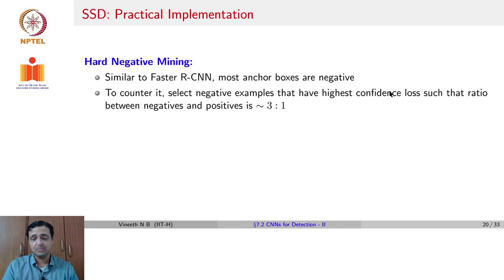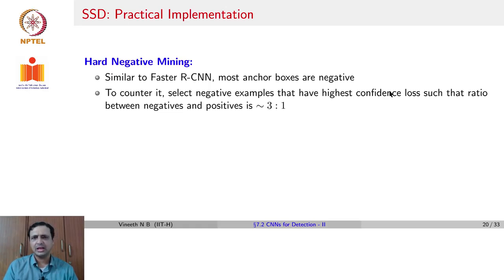Because otherwise, remember that even if you had 100 objects in a single image, the number of anchor boxes and the grid cells that you have, if you take SSD, it is in fact going to be per pixel. You'll have k different anchor boxes, and that can be a huge number of boxes that are negative and have no object in them.